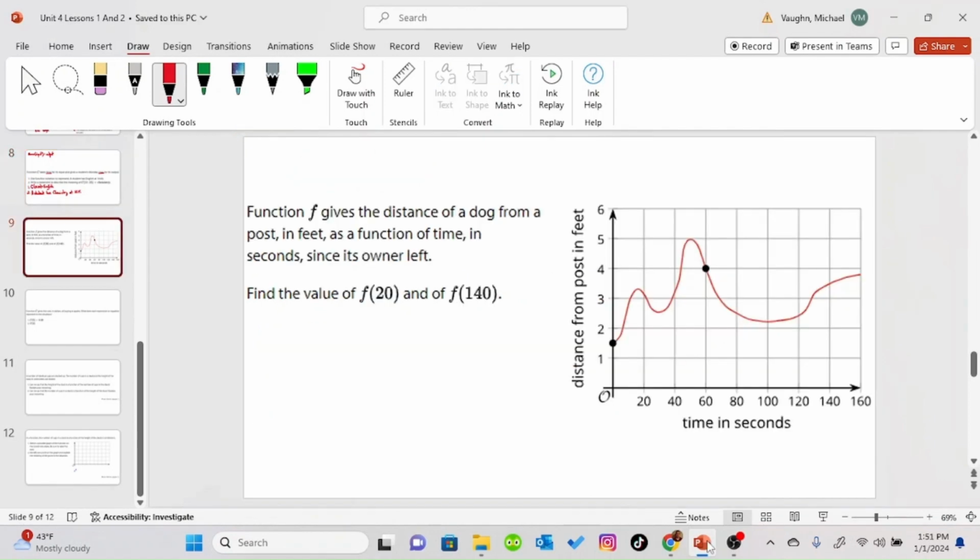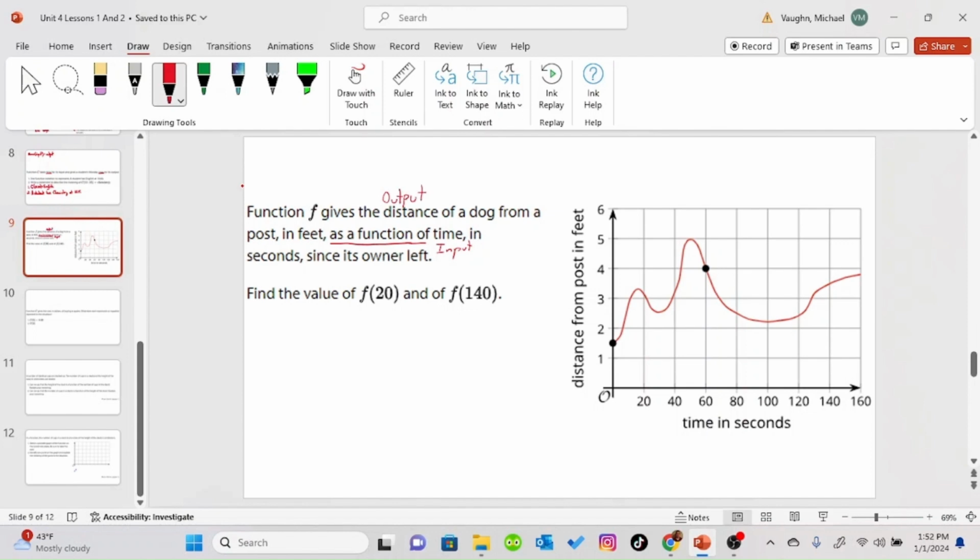Function F gives the distance of a dog from a post in feet as a function of time in seconds since its owner left. So remember, as a function of, this tells me my input, and this tells me my output.